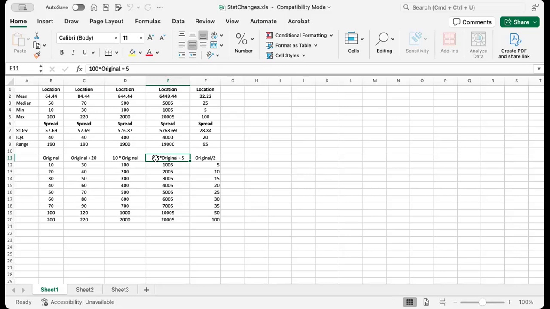Now, what happens to measures of location and then scale? We compare to this, so you can see the measures of location have changed, right? You can also see that the measures of spread have also changed. Any questions so far? Okay, now that we know this, let's get to our slides and put in what we have learned there.